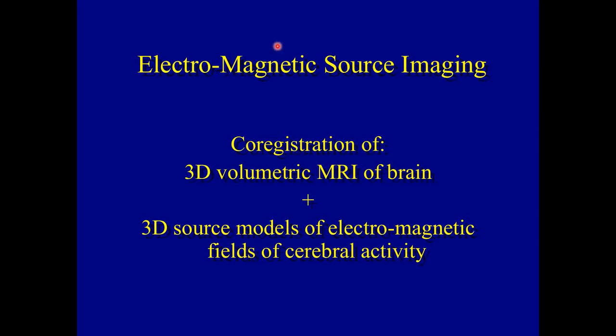Now, what we want to do is what we call electromagnetic source imaging. That is to say, we want to take the structural information that we have in an MRI and combine it with the electrophysiological activity, both EEG and MEG, so we have functional imaging, a combination of function and structure.